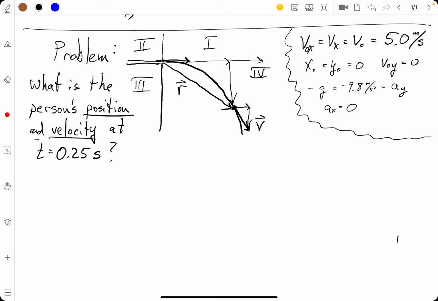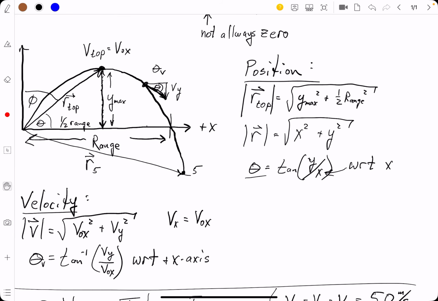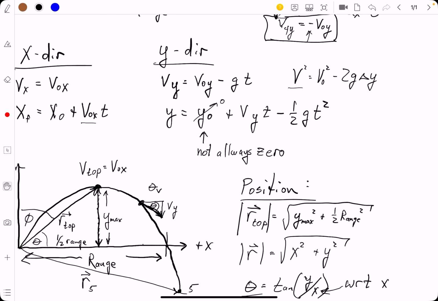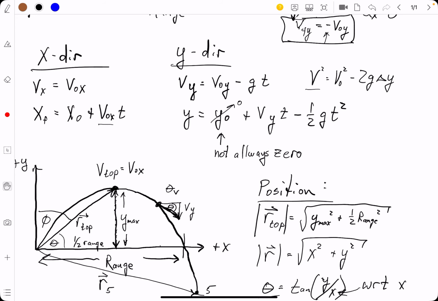Where is the motorcycle? So we've got to figure out a couple of things. We've got to figure out this Rx, and we have to figure out Ry. So where is our motorcycle? Let's just say position. And x, simple equation, we're going to go back to the equations that we need to use. Here we go. This equation here is going to give us our x position.